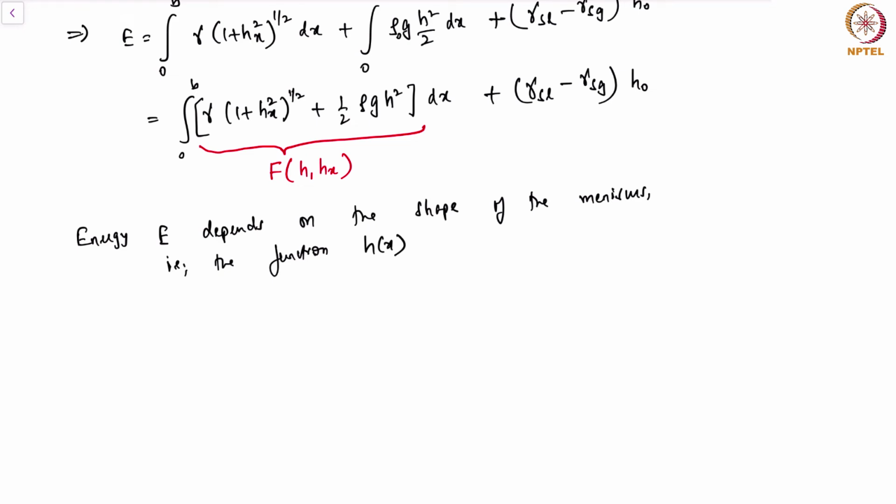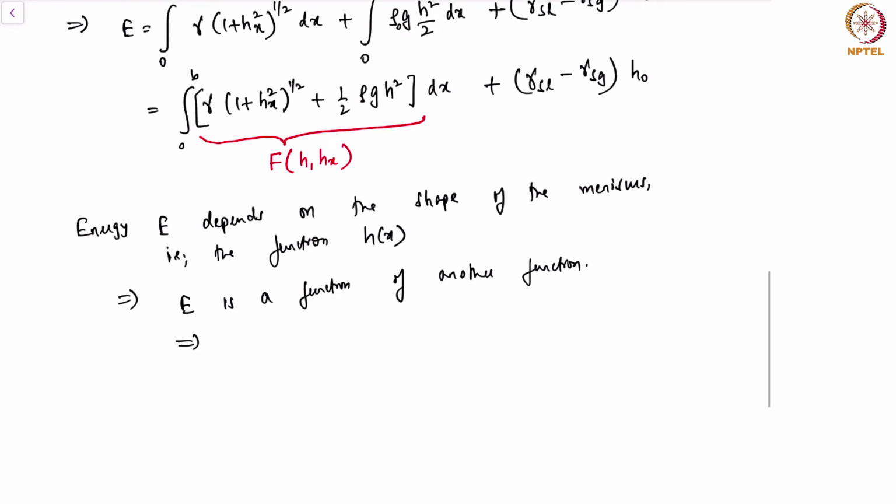So what we are really doing is we have a quantity called an energy, which itself is a function of another function, right? So in other words, E is a function of another function, and therefore E is referred to as a functional.